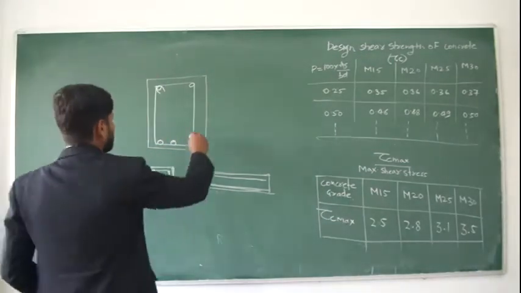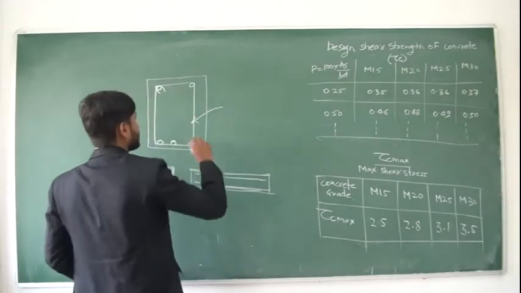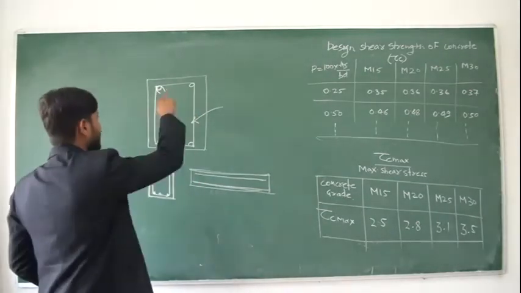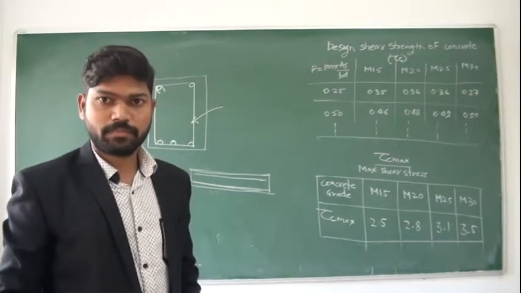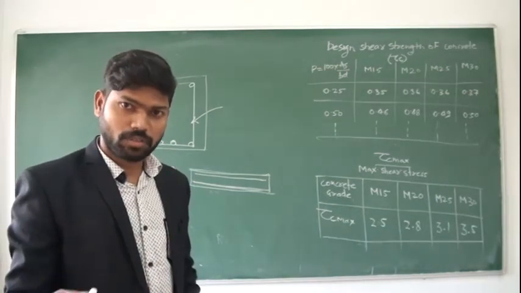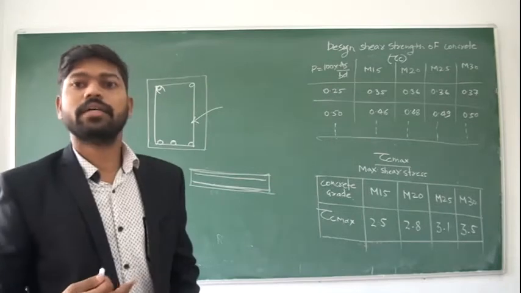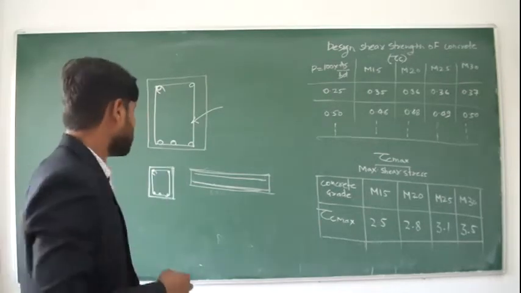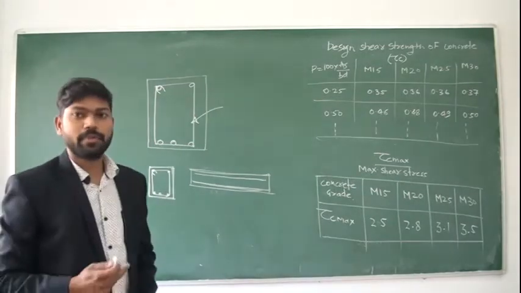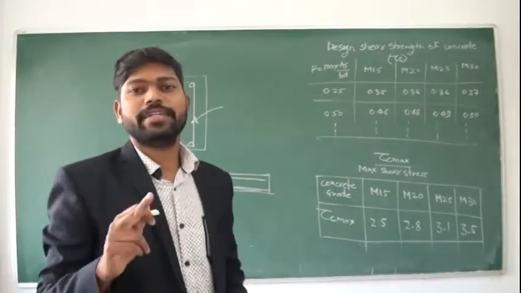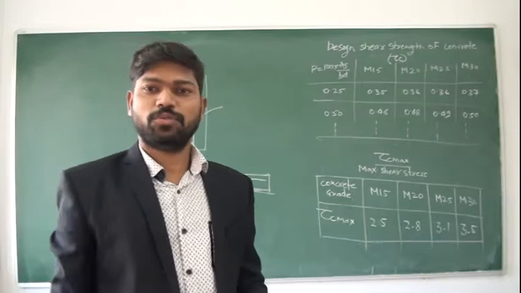So what is the purpose of these vertical stirrups, this rectangular ring? If it is a circular beam or circular column, then definitely the ring will be a circular ring. The purpose of this ring is to resist the shear force.